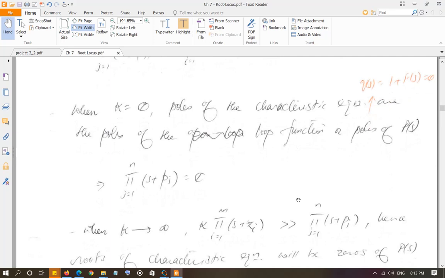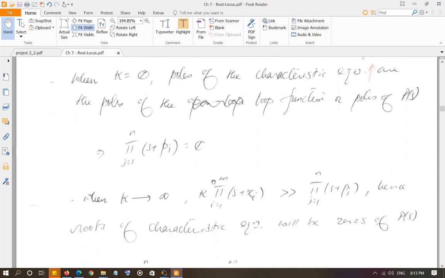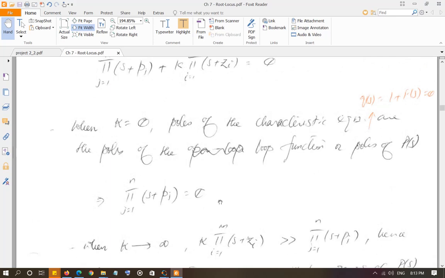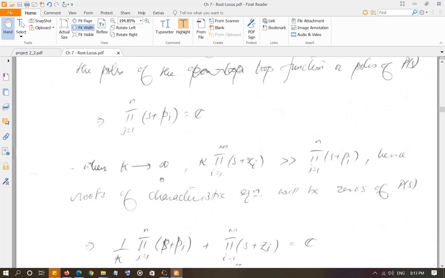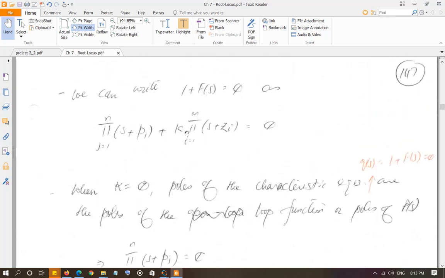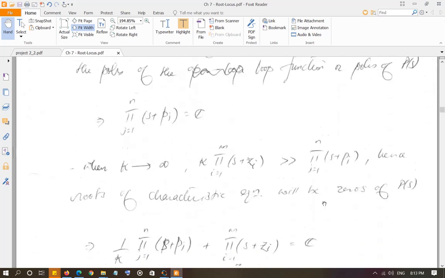And then when you make k infinity, what are you going to get? When k tends to infinity, this product will become very large compared to this product over here. When k is infinity, or close to infinity, of course not infinity but close to infinity, this product is going to become extremely large as compared to this product, such that we can ignore this thing. So what's going to happen?